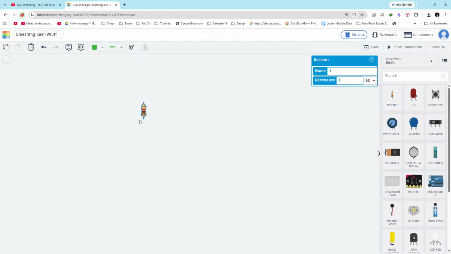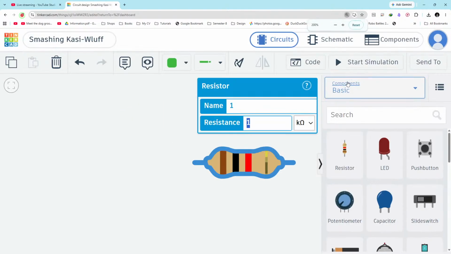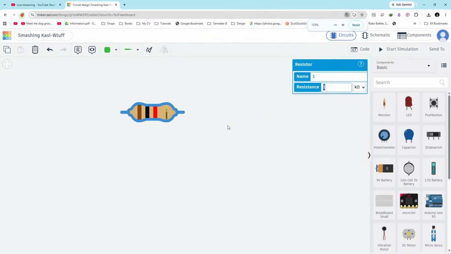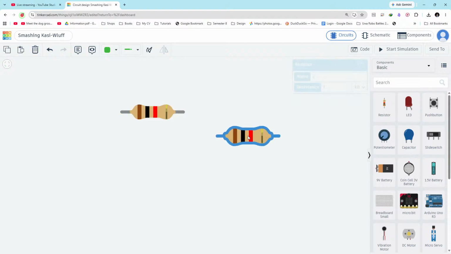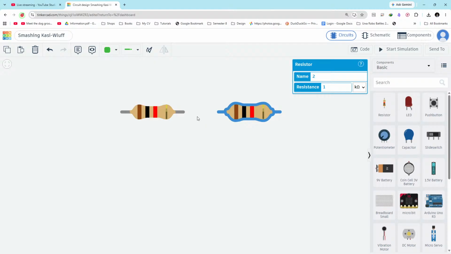You can rotate the component by pressing the R key, or you can also use this one. So here I have one resistor. Let me copy that. Here you can add the value. Right now it is 1 kilo ohm. Let me add another resistor like this with Control C, Control V, and place it here.